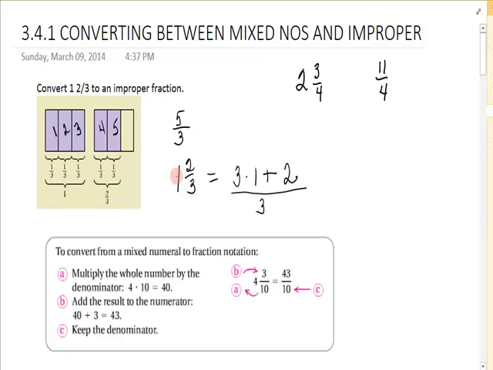So 3 times 1 is 3, plus 2 is 5, and it's over 3, so it is 5/3. Multiply the whole number by the denominator, add the result to the numerator that was already there, in this case 2, and then keep the denominator.